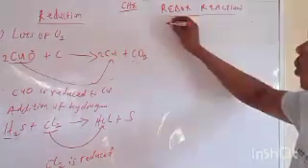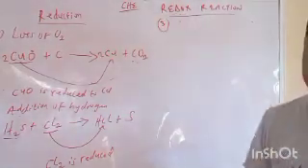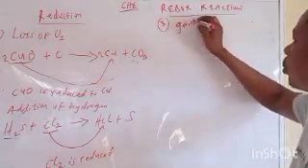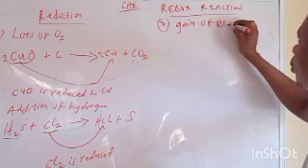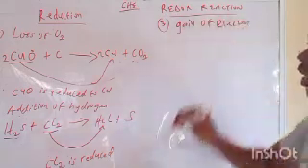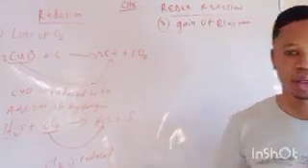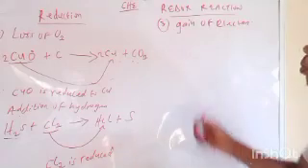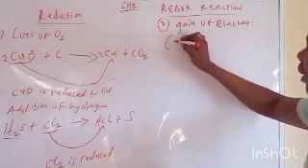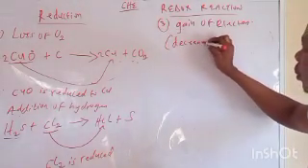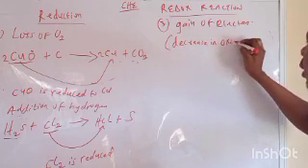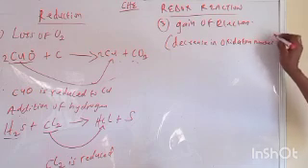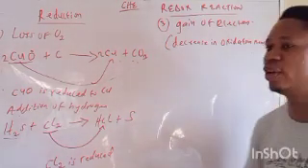And finally, we can also say reduction is gain of electron. Don't forget I said that oxidation is loss of electron. So reduction will be gain of electron, which also means decrease in oxidation number.